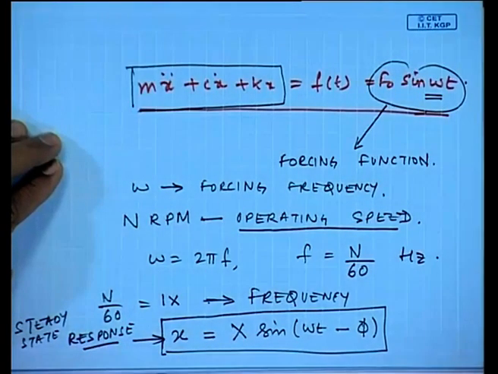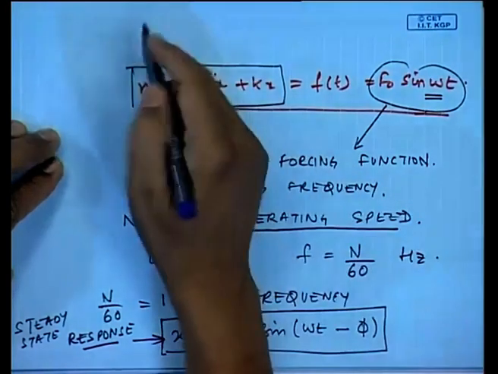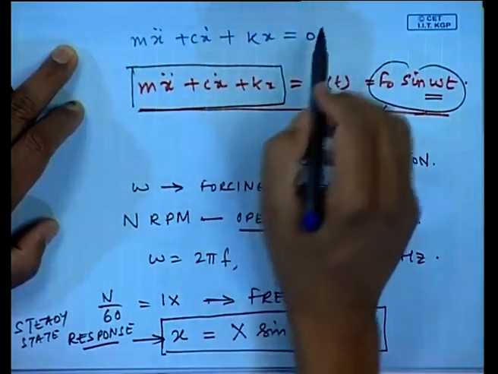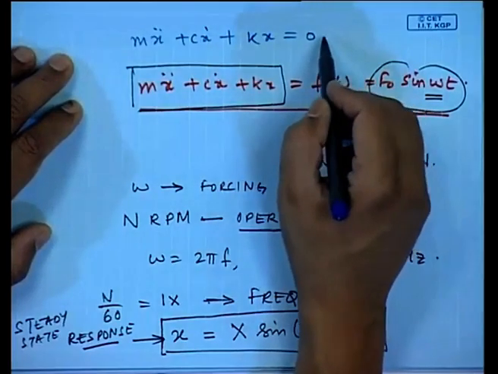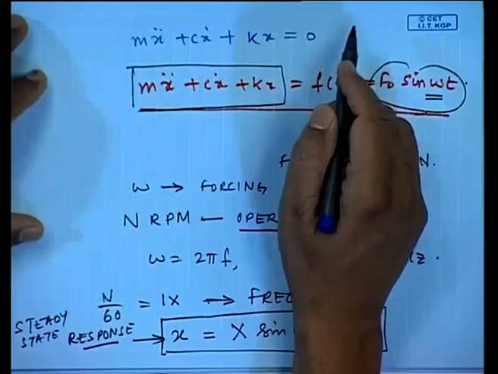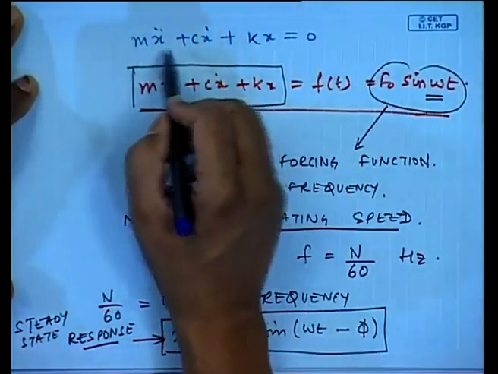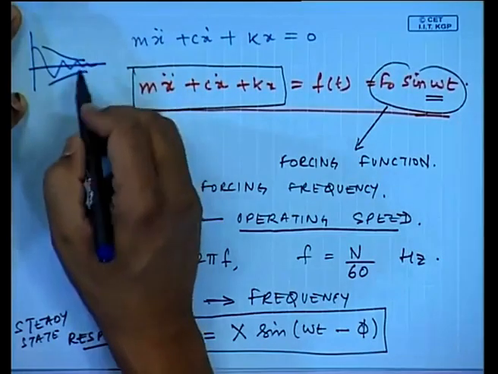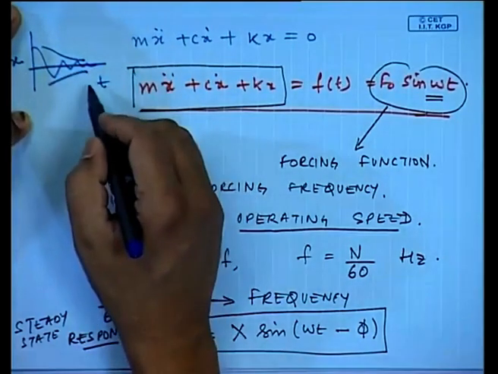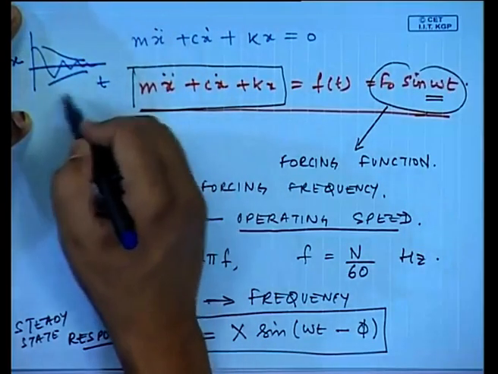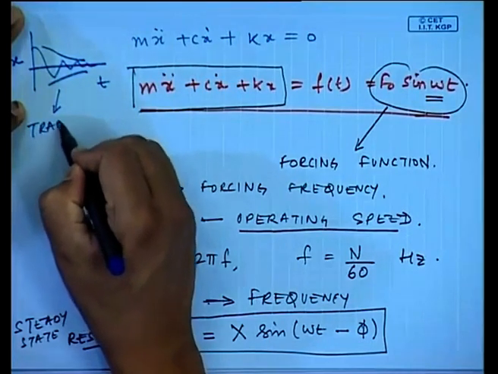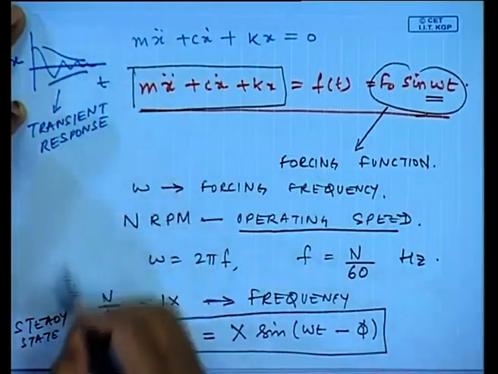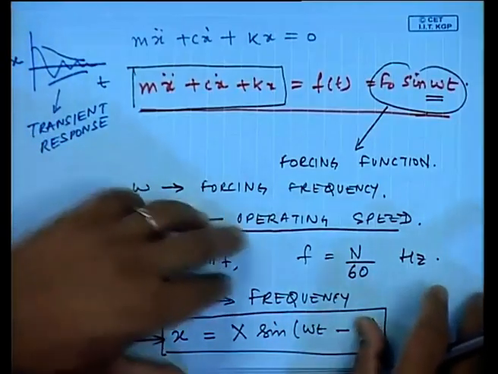But if there was a small disturbance to the system, it would actually have certain oscillations which would damp out because of the damping present in the system, and such a response is known as the transient response, as opposed to the steady state response which I have written here.